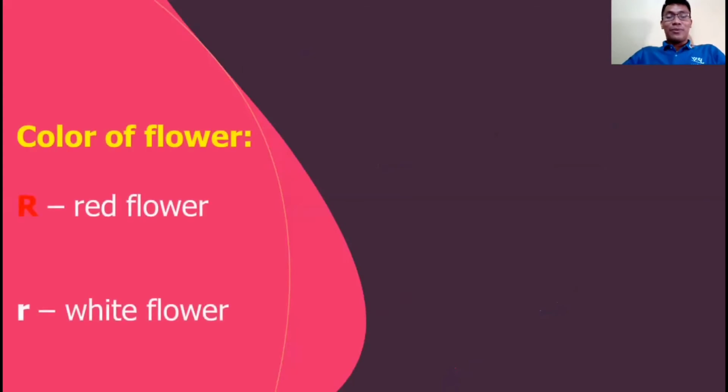To further understand this, let's have this example. We have the color of flower as our trait, and so we have two options, the red and the white flower. The red flower is represented by capital R, and the white flower is represented by small r.